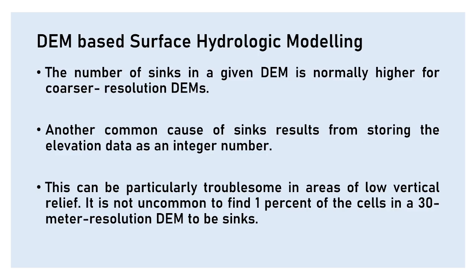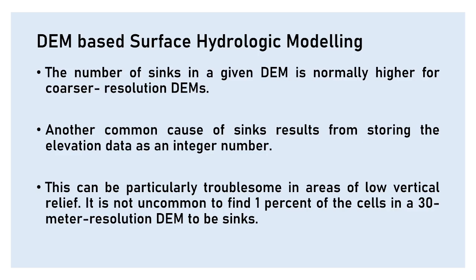Another common cause of sinks results from storing the elevation data as an integer number. This can be particularly troublesome in areas of low vertical relief. It is not uncommon to find 1% of cells in a 30-meter resolution digital elevation model to be sinks.